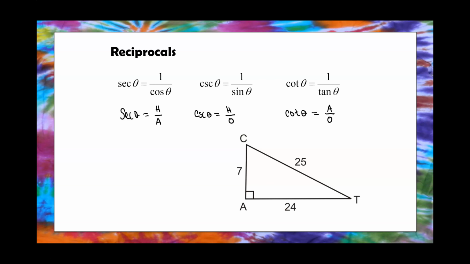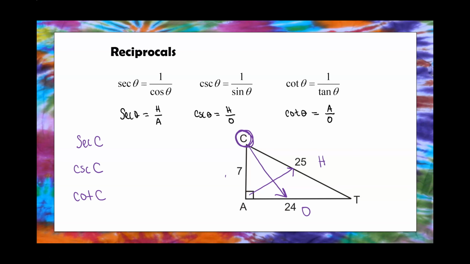All right, let's go ahead and go down here and do a few examples. Let's say I asked you for secant of C. Let's say I asked you for cosecant of C, and let's say I asked you for cotangent of C. So what you would do is circle your angle C. You would go across from that. That's your opposite. Go across from your 90. That's your hypotenuse.